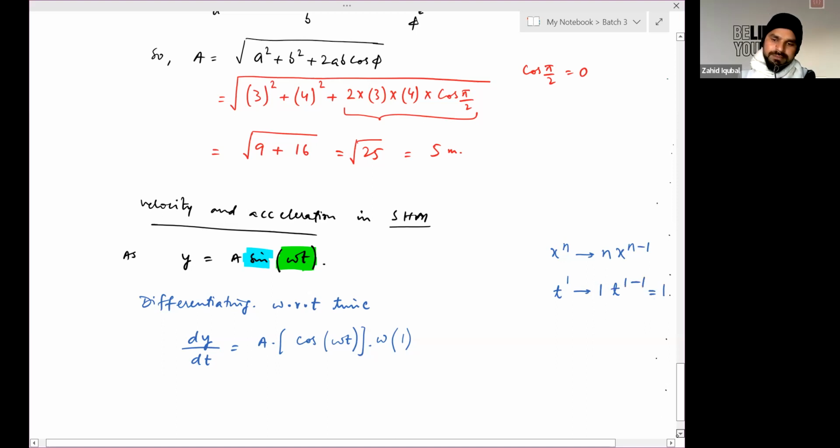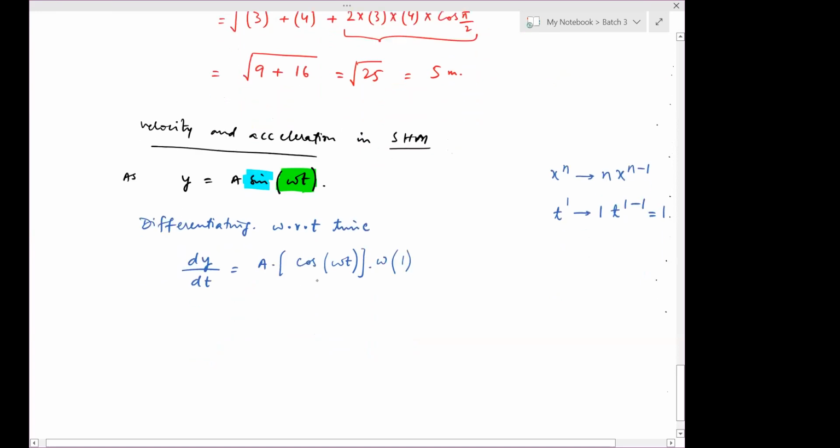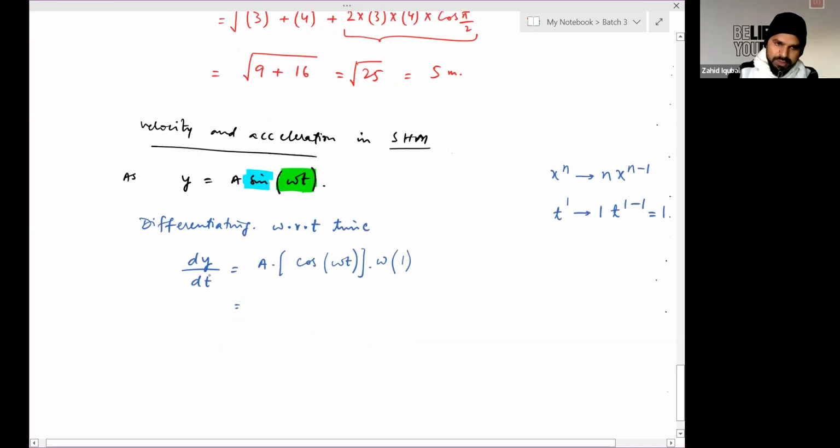Riba, is it clear? Yes, sir. So this quantity dy over dt defines your velocity, equals omega times A cos omega t. Now we have to transform this relation in terms of sine theta.